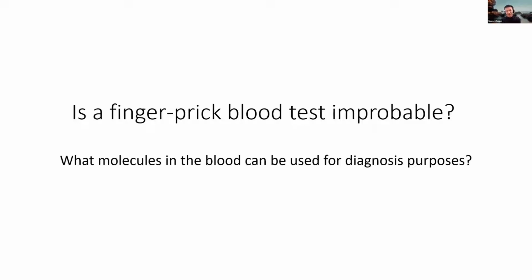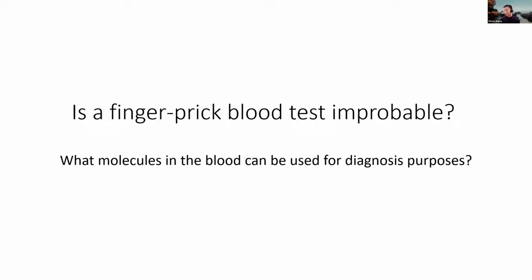And one of the molecules that was perhaps much less considered was extracellular RNA. This is a class of molecules that were poorly tested, poorly investigated, and we wanted to ask if it's possible to measure RNA.